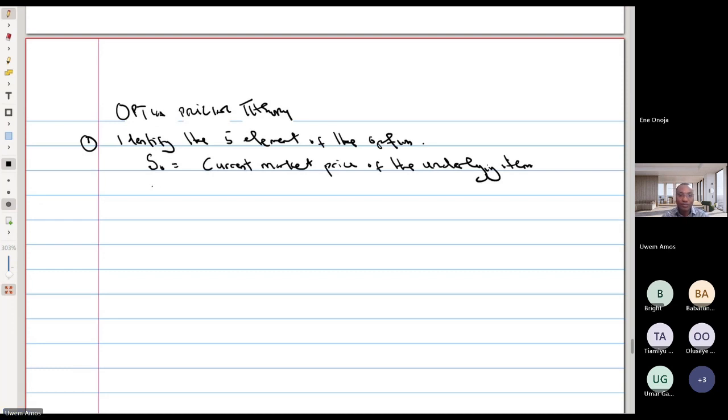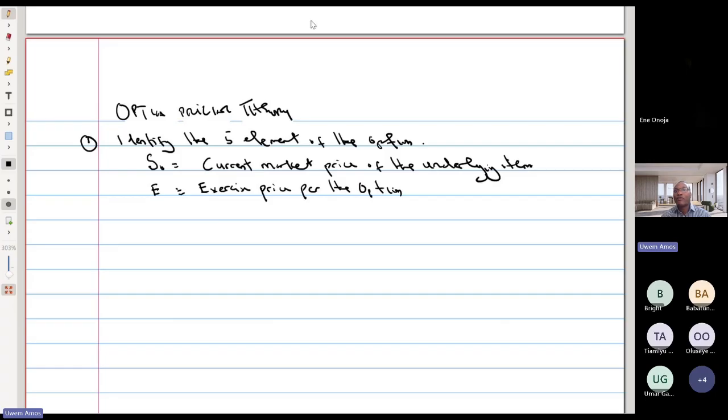E would be the exercise price set by the option. In other words, what do you need to give up now to be able to have control of that underlying item or asset? Using the example I just used, you have an option to buy a piece of land at 3 million in 3 years' time.